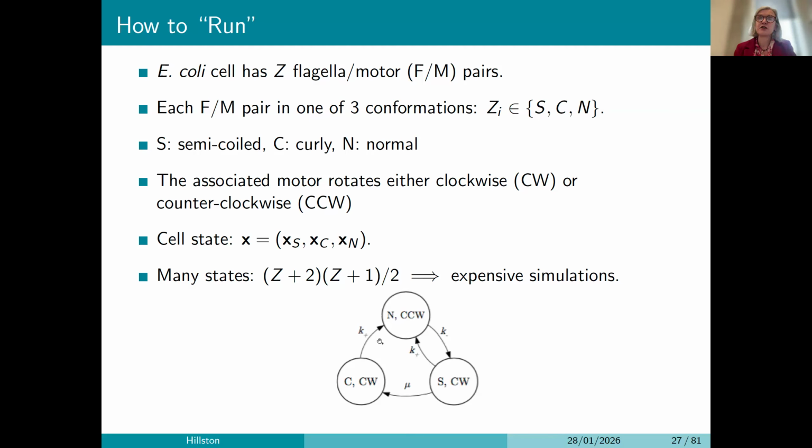And this is the pattern of the phases that we see, that from the normal state the flagella can go to the semi-coiled, and then from semi-coiled it can go back to normal, or it can go on to curly, and then curly can go back on to normal. Okay, so this gives us the internal behaviour of each flagella motor pair, and then there are many of these within a cell, so within a single bacterium.